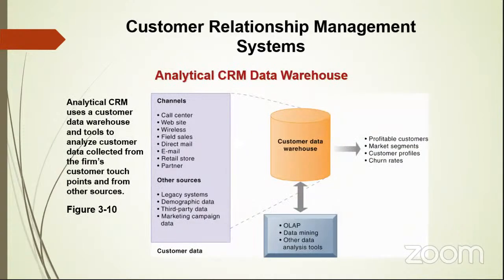In the analytical CRM, you will have the data warehouse that has all the channels they're getting data from, as well as external data from legacy systems, demographic data, marketing campaigns, etc. All that will then be processed analytically with data mining and other data analysis tools.